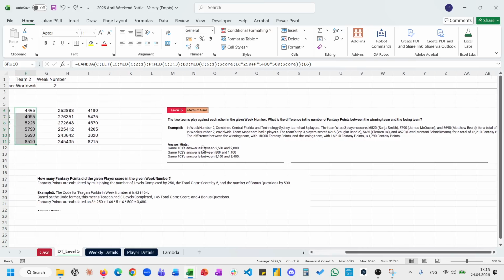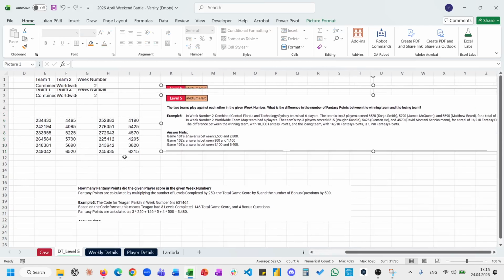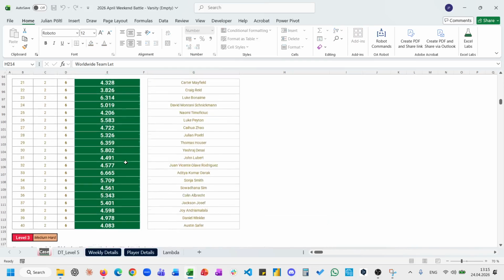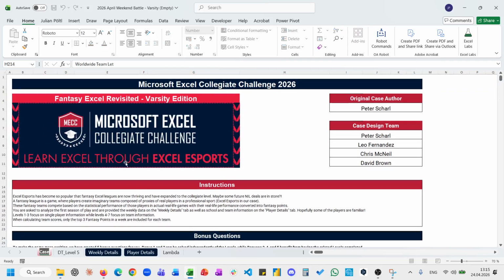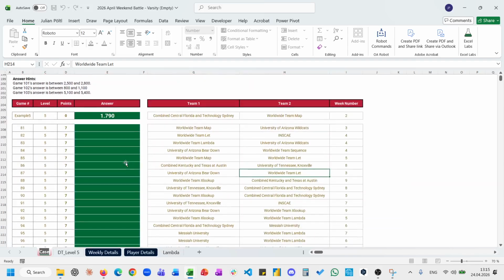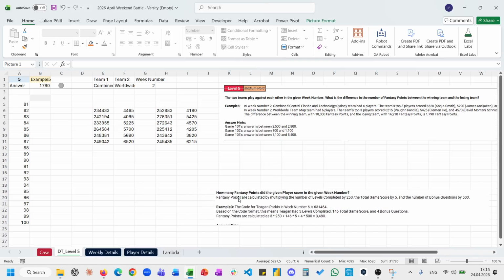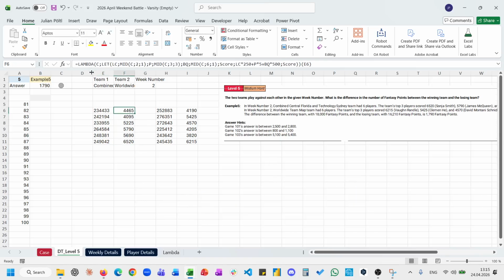Okay, it's overstating. Oh, it's only using the top 3 players. I wasn't aware of that. Okay, so we have there our scores.